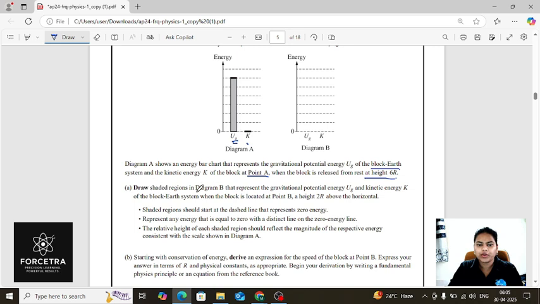We have to draw a shaded region in diagram B that represents the gravitational potential energy UG and kinetic energy when the block is located at point B, at a height of 2r above the horizontal.